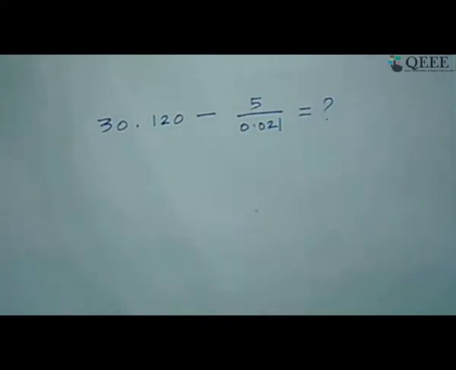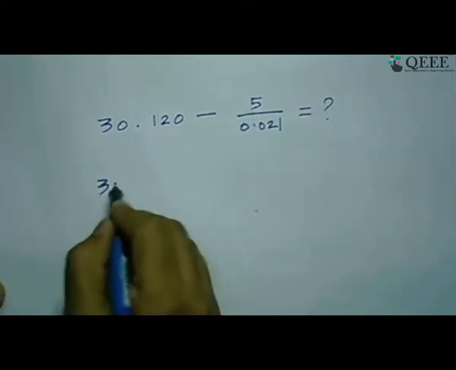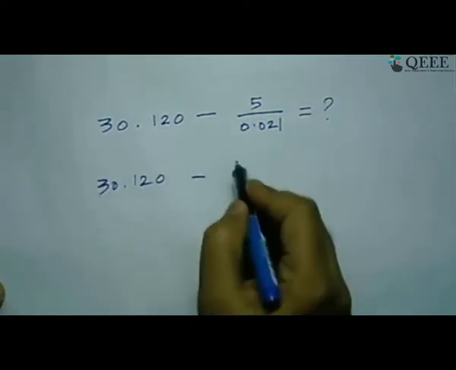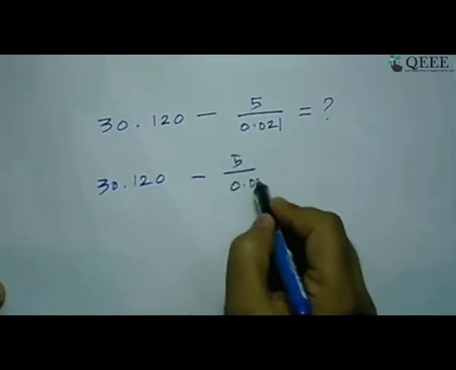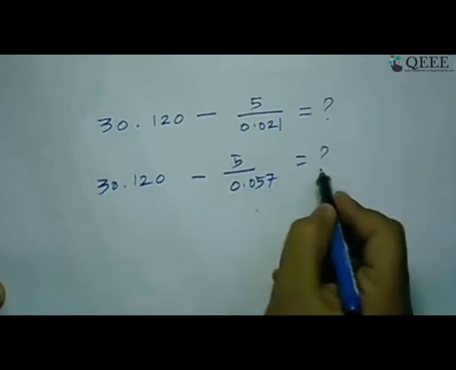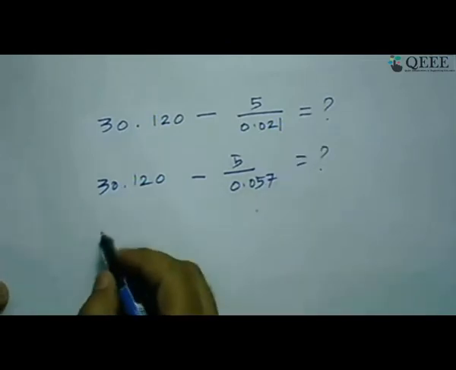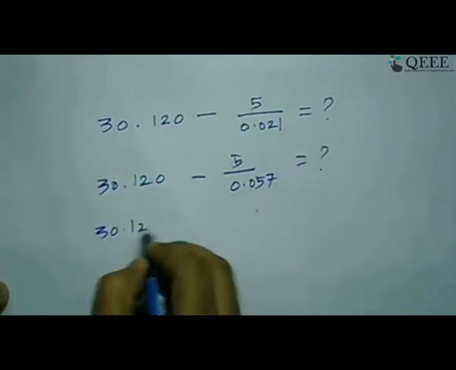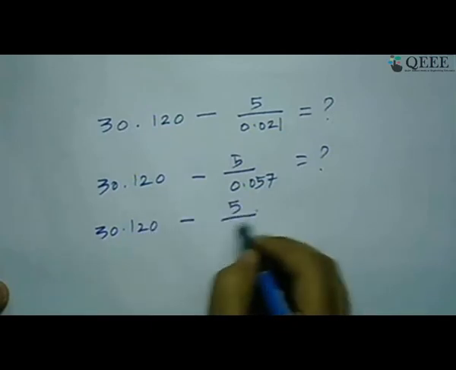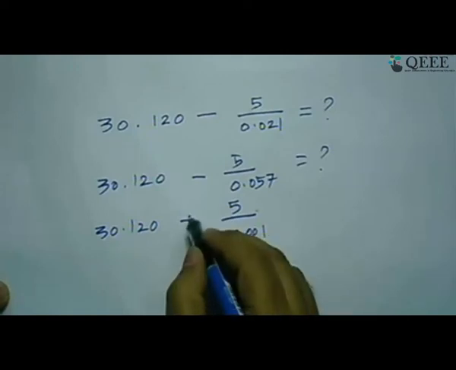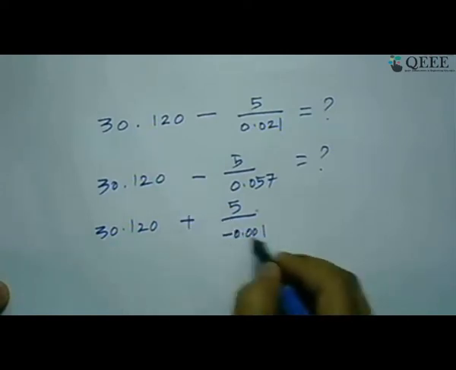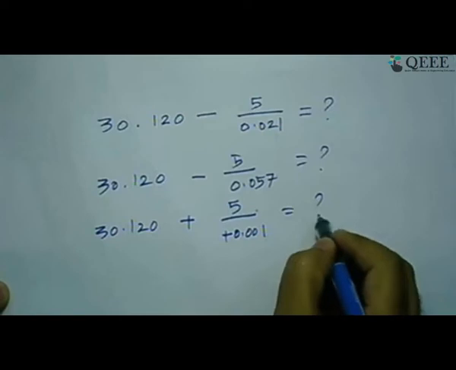Similarly for others, right? In the third column, for example, you will have 30.120 minus 5 divided by 0.057, right? And in the fourth one, you will have 30.120 minus 5 divided by minus 0.001. So this minus and minus is going to become plus, 1 is equal to 1.